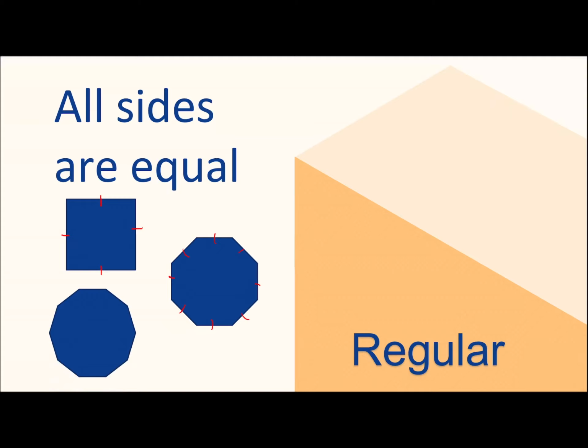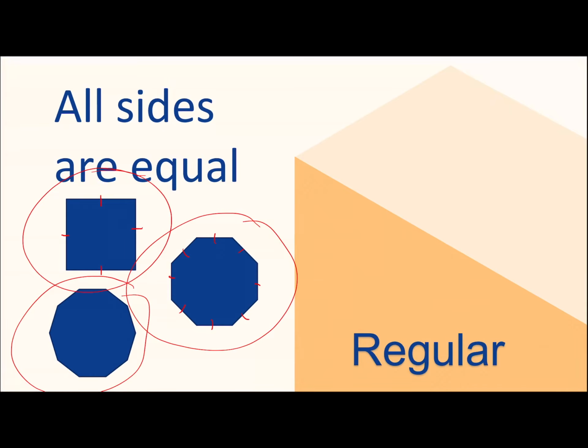It has 10 equal sides. Because of the equal sides, we call it a regular decagon. So we have a regular decagon here, a regular octagon, and a square. Because it's a square, we don't have to say regular. But I guess a square is a regular quadrilateral, a 4-sided shape with equal sides. So that's the word regular. Hopefully that one's in your head.